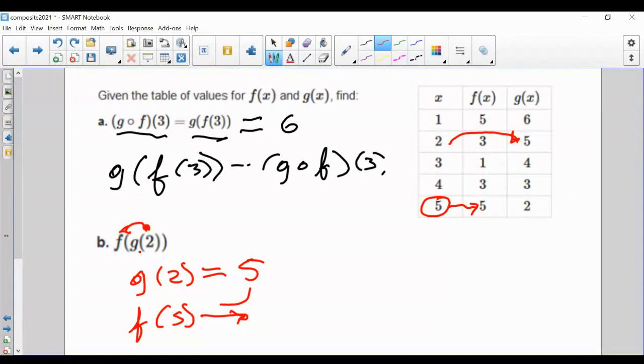Okay? Shiban, does that help you out? If we first of all find the g of 2, which is 5, take that 5 and put that into the x column and now go across to the f column because I need the f of that 5. The f of that 5 is 5.